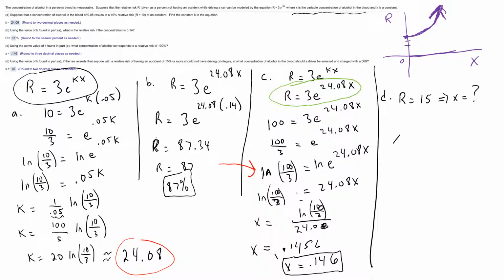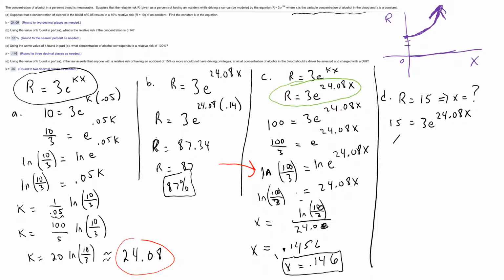And we do Part D exactly like Part C. It's just that instead of 100 in for R, we plug 15 in for R. And everything else is going to be the same. So we go through the same motions, divide by 3, natural log. Part D is going to be the exact same thing as Part C. It's just that instead of 100, it'll be a 15.